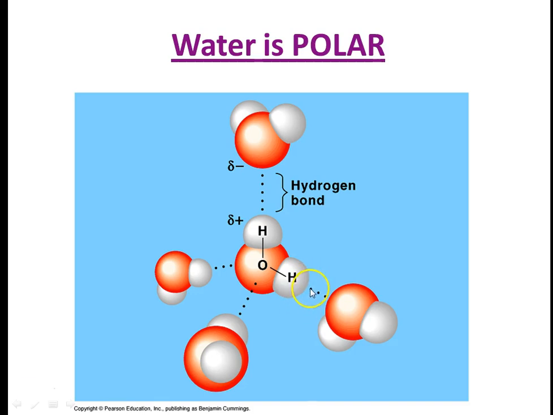Now if we remove my sloppy drawings, here you have a nice rendering of what happens with that water. Each water molecule here, you can see that oxygen, which is going to be slightly negative, and all these hydrogens that are slightly positive, and they form these handshakes between all these water molecules. Again, imagine that with all those water molecules, you have these molecules that are going to hold on to themselves.